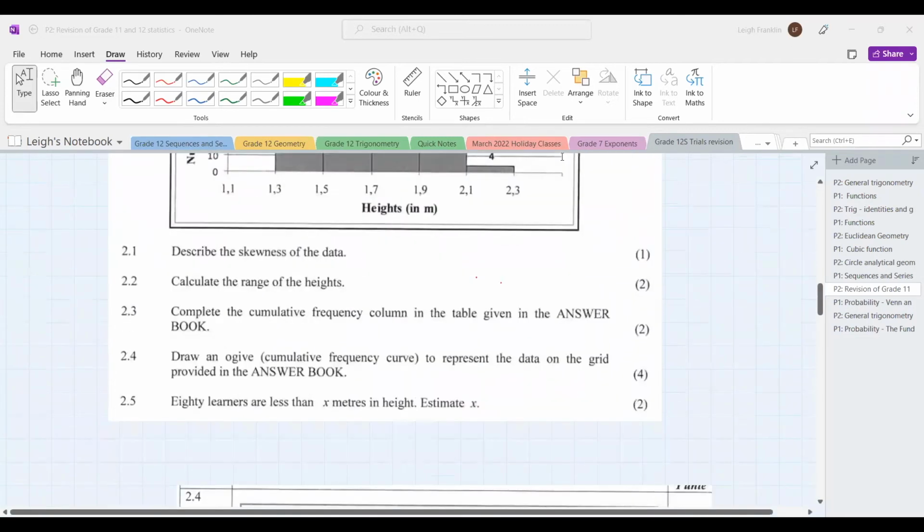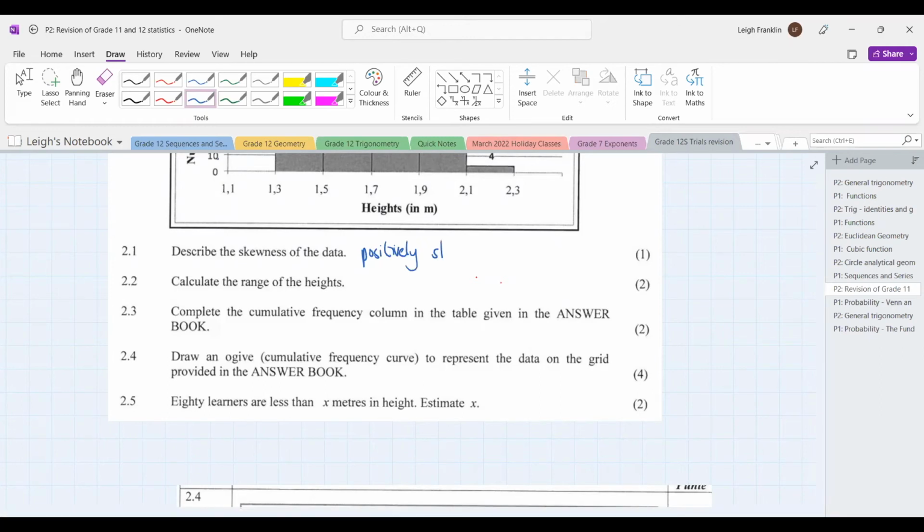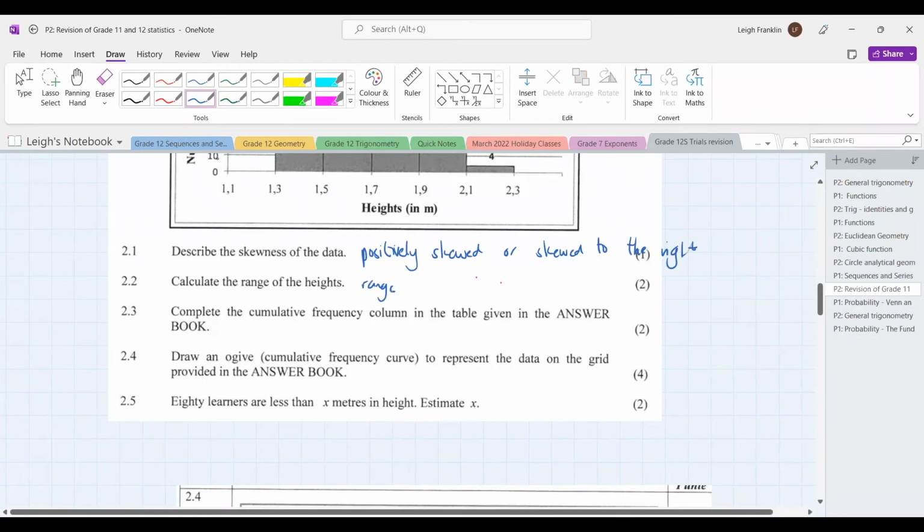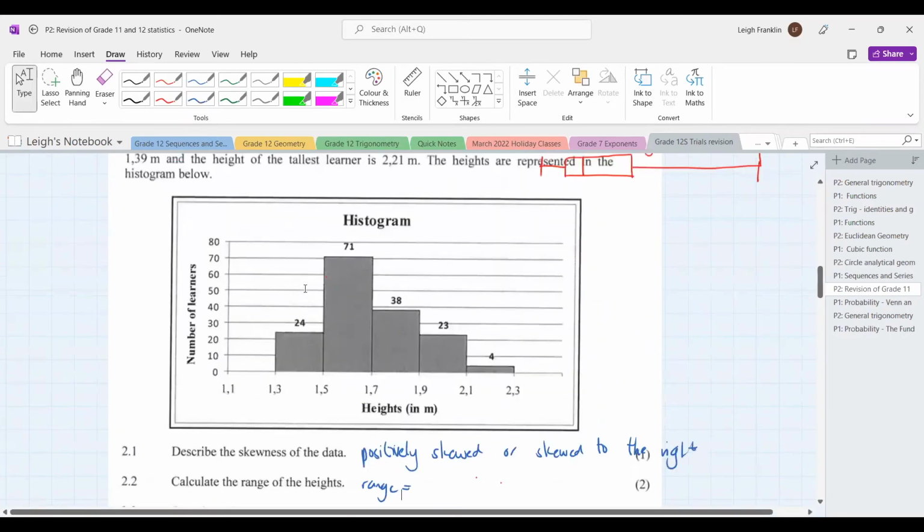So we agreed that this data was positively skewed or skewed to the right. Let's just put that in again. And here our range is going to be, as you said, Kaiser, our maximum. So what's the tallest person?